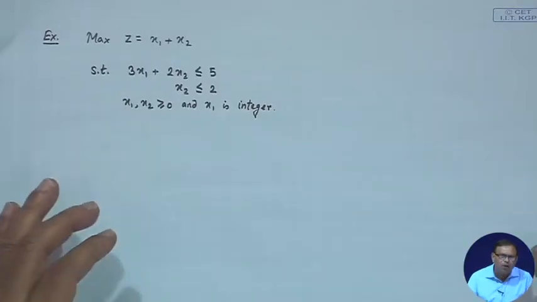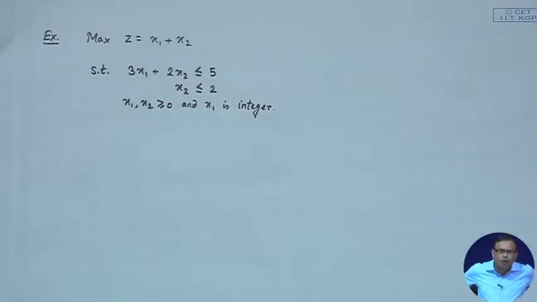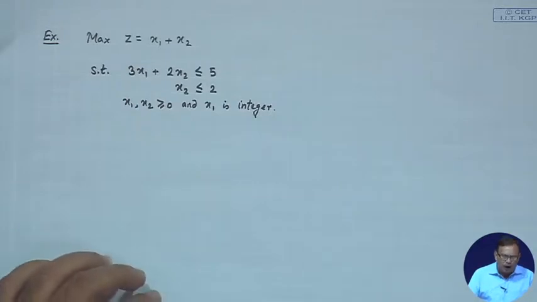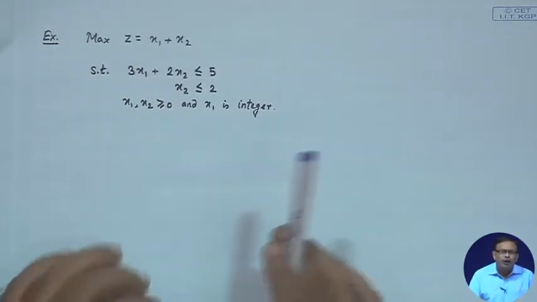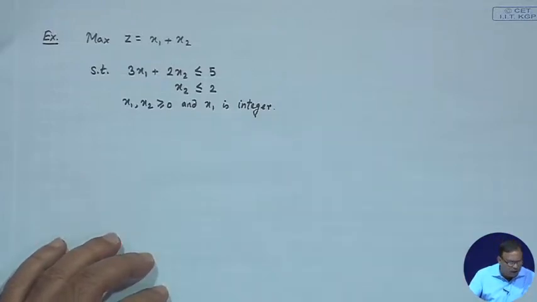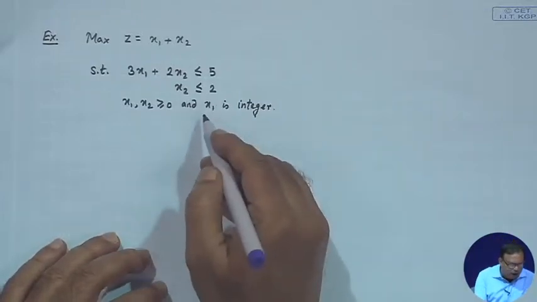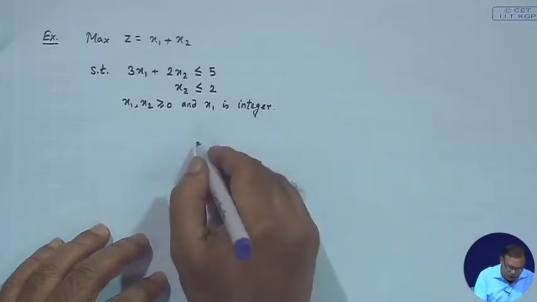For this problem, as we told earlier in step 1, what do I have to do at first? I have to solve the problem forgetting about the integer constraint. That is, first I will write this problem in standard form.